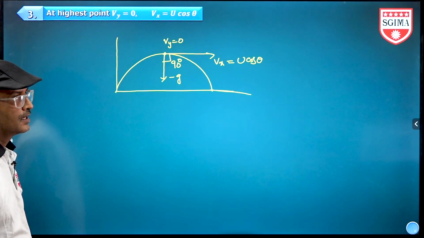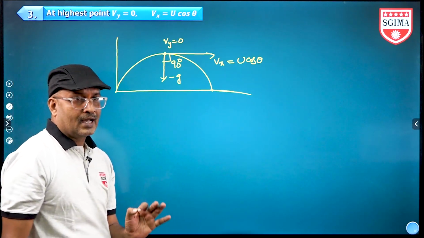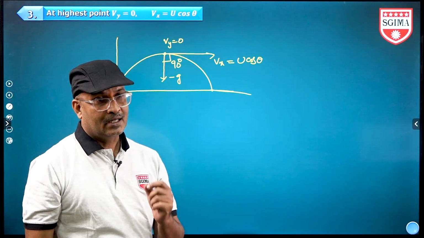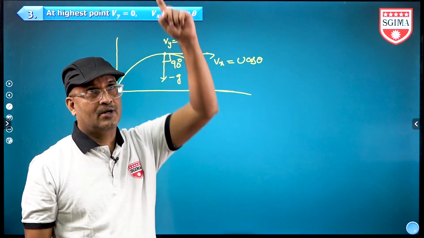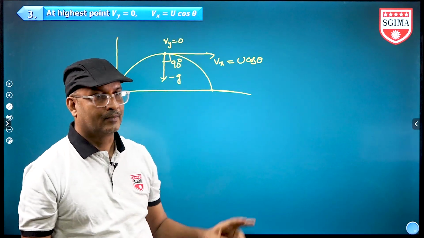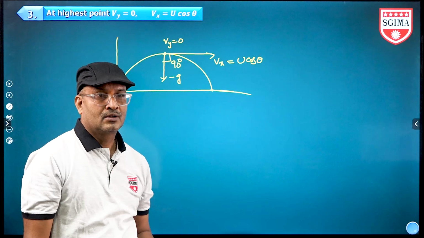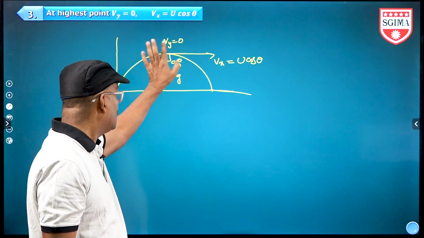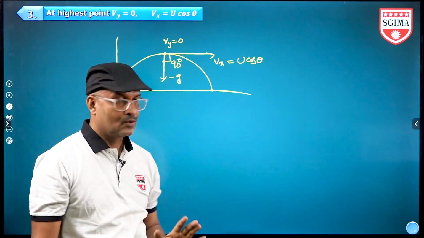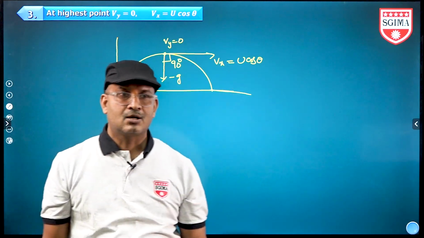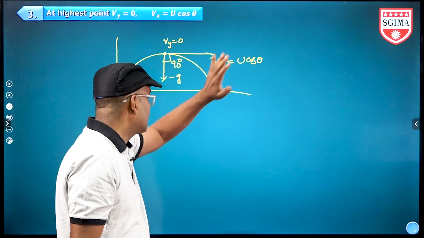So, you know that for a completely vertically projected body, at highest point velocity is 0. But in oblique projectile, at highest point velocity is not 0, only the vertical component of velocity is 0. There is a horizontal component of velocity that is equal to u cos theta.